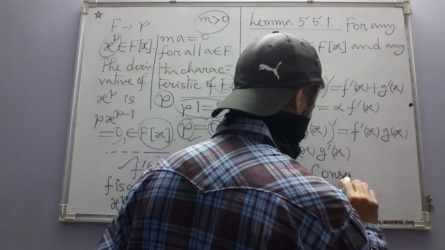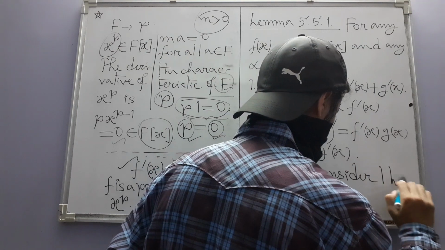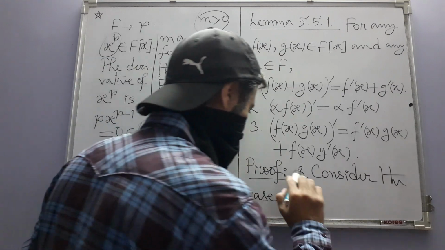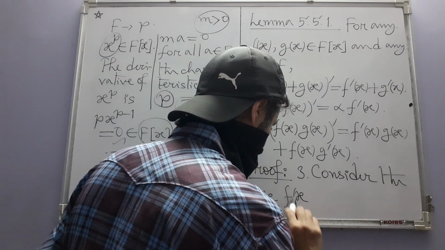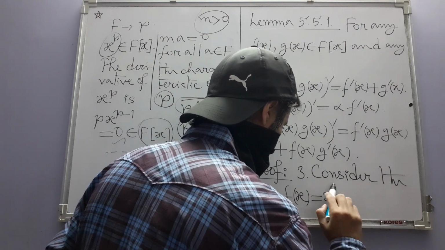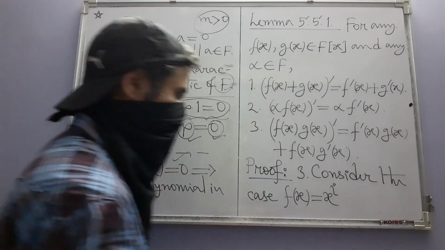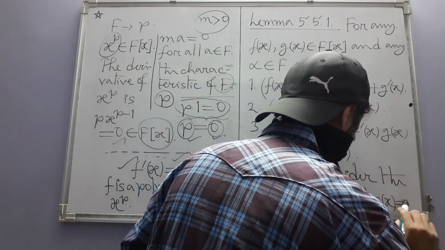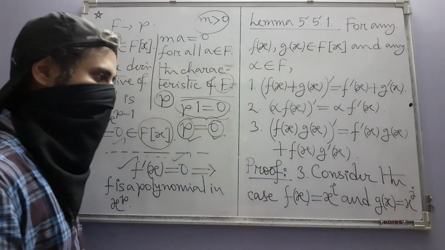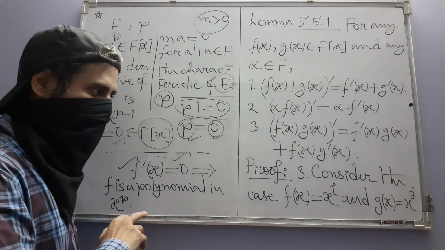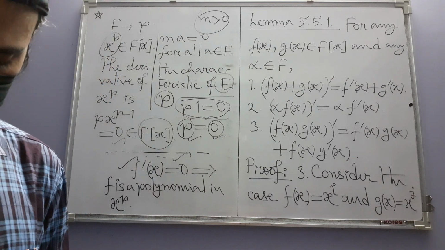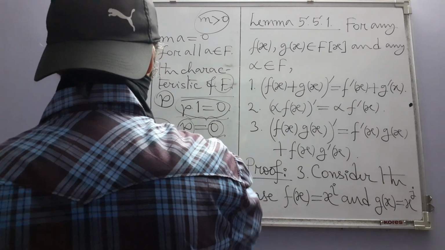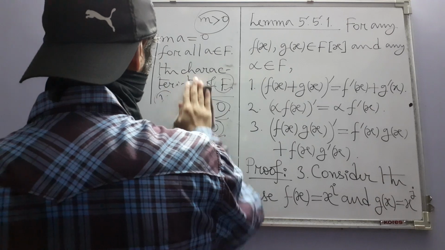Consider the case where f of x is this monomial and g of x is also like that, another monomial, where i and j are both positive integers and potentially different. Okay, there is no reason for them to be equal. They may be equal, may not be equal.